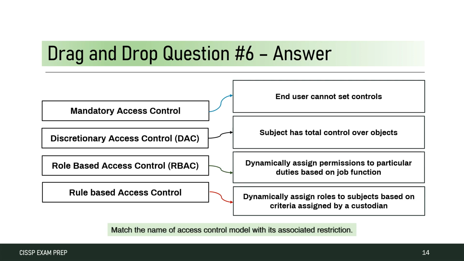Now, role-based access control is usually related to dynamically assigning permission to particular duties based on job function or based on department, for example.